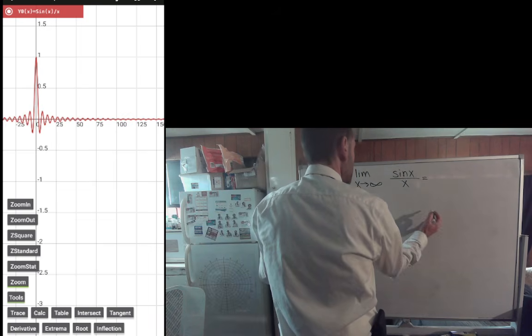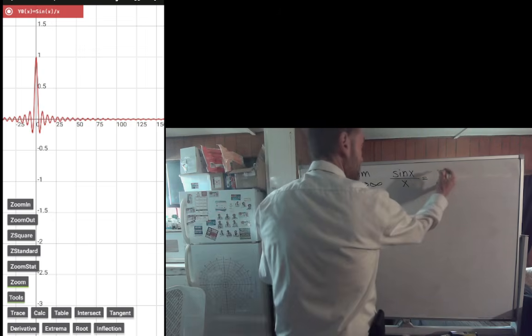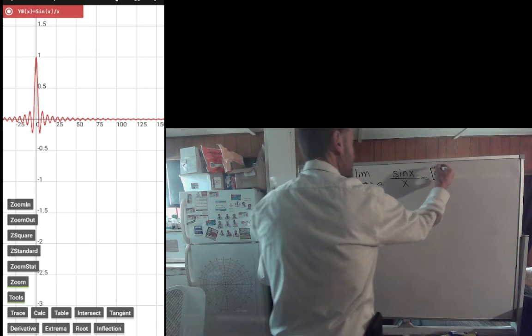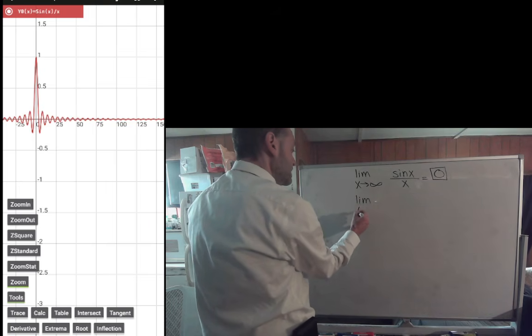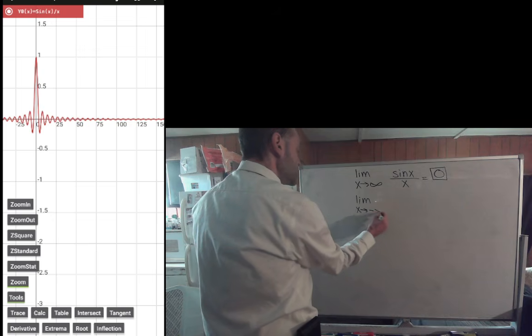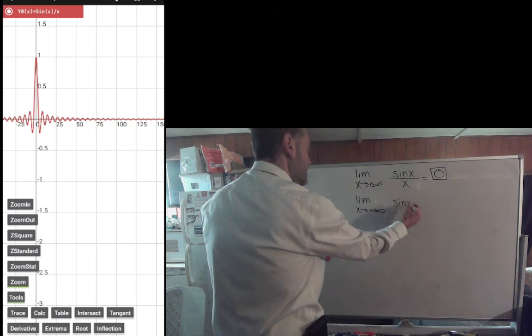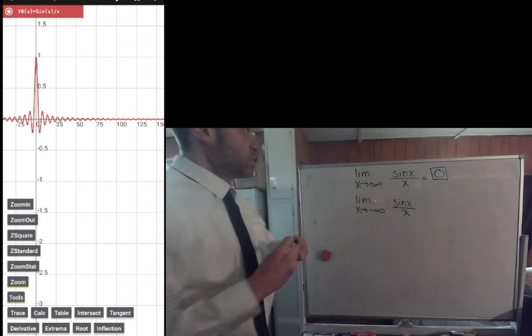So the limit as x approaches infinity of sine of x divided by x would actually be 0. Now, what if we do the same for negative infinity? The limit as x approaches negative infinity of the sine of x divided by x. Well, if it helps you, let's look at the left branch of the graph.